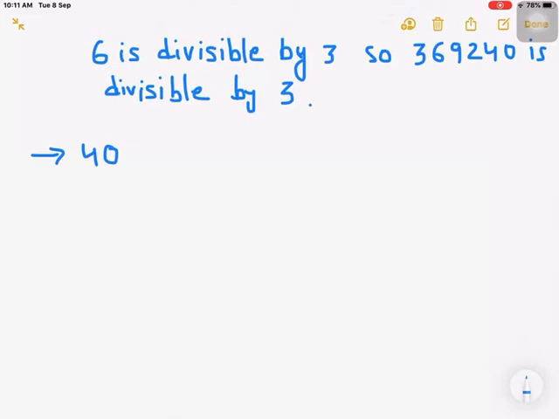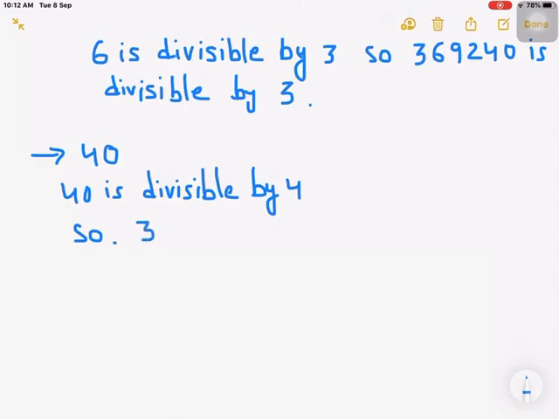Yes, 4 tens are 40, it is divisible. 40 is divisible by 4. So 3 6 9 2 4 0 is divisible by 12.